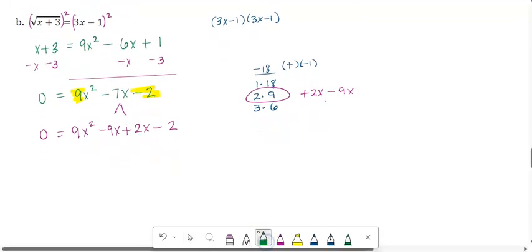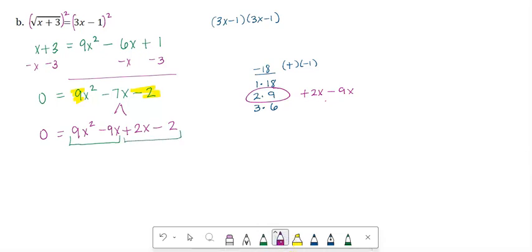All right, now I'm going to look at the first two terms together and the second two terms together. 9x squared and 9x have a 9x in common that can come out to the front, and I'll be left with x minus 1. I want my second set of parentheses to match, so I'll put an x minus 1, and it looks like I would put a plus 2 here. I just like to always check. That'll give me plus 2x minus 2.